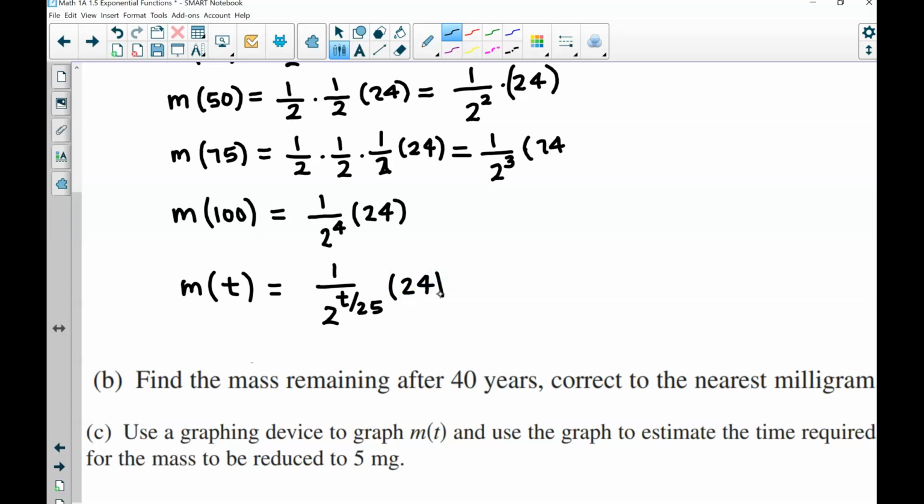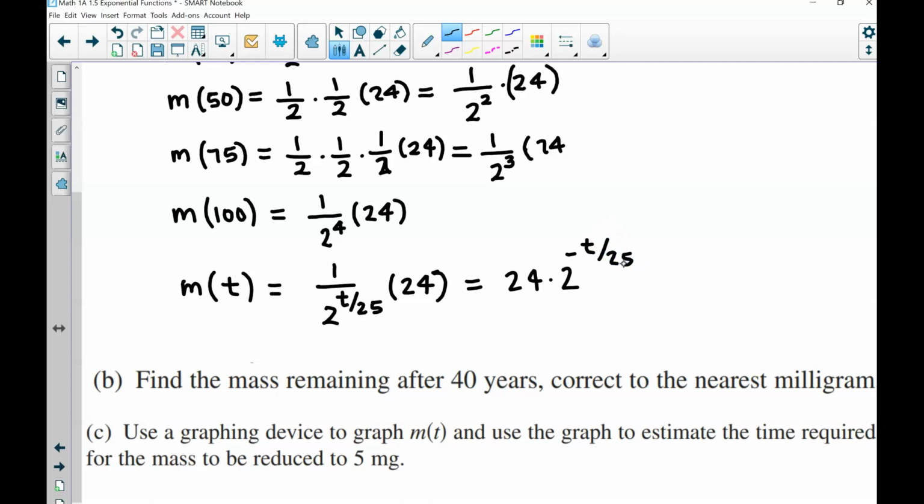And so if we want to write this without a fraction, then we can start using our exponent rules. So this would be the same thing as saying 24 times the base of 2 to the negative power of t over 25.